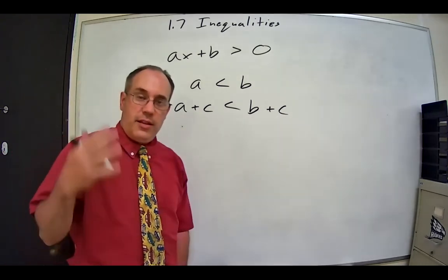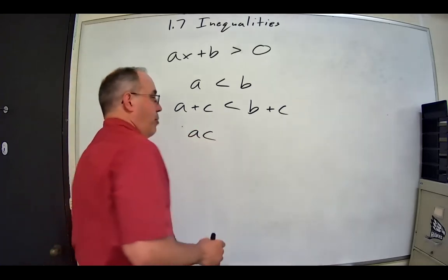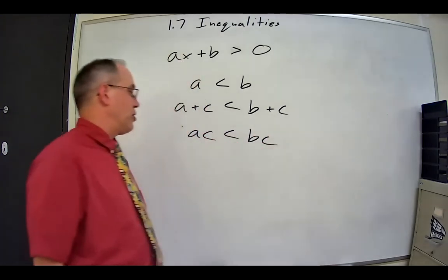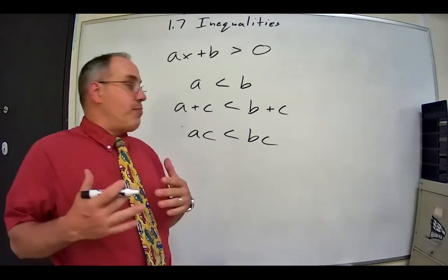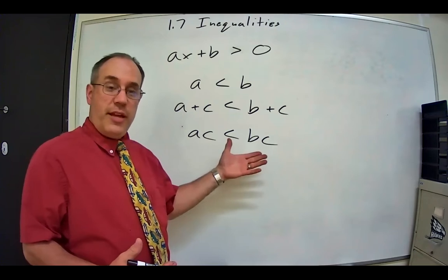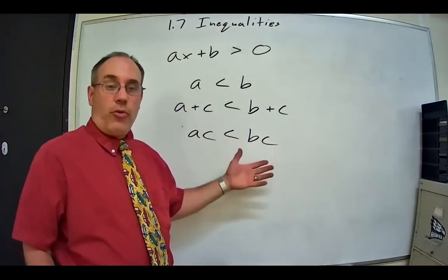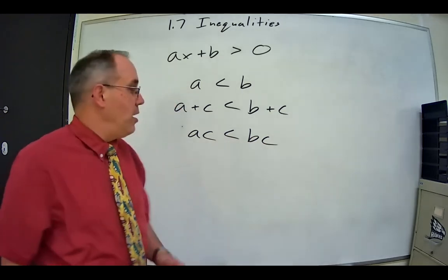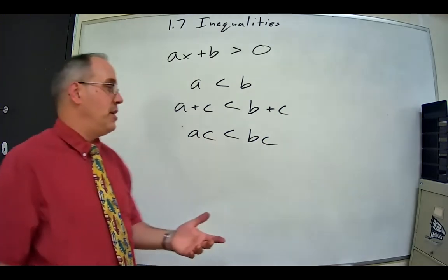Now, in equations, if we took a and multiplied it by some value, and took b on the other side and multiplied it by the same value, then we said the equation remains equivalent. Well, we're going to break that up into two pieces with inequalities.